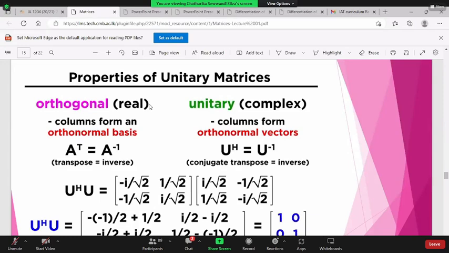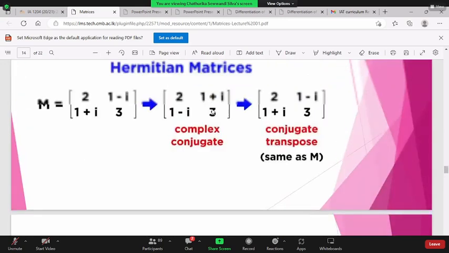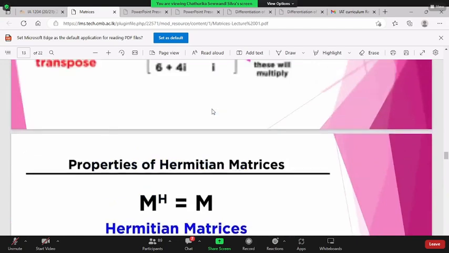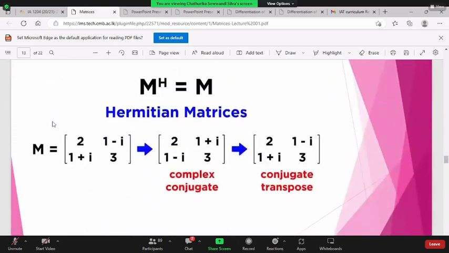The concept of orthogonality comes with real numbers. But if we are dealing with a matrix which consists of complex numbers, there we check the property called unitary. Right? For example, we will be given a matrix like this. Check whether this matrix is orthogonal or not.